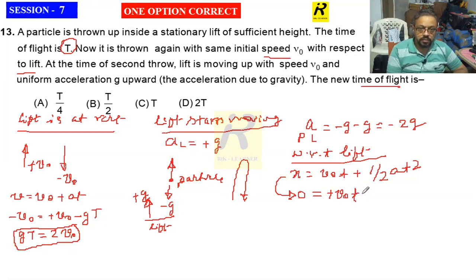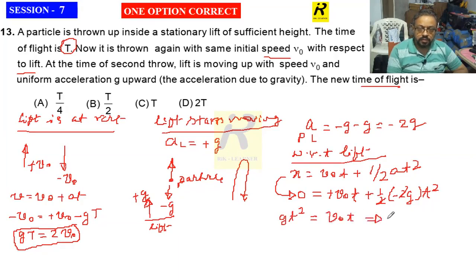So this t is what I have to find now. In the second situation, this is the time I want. And now plus half into, with respect to the lift, the acceleration of the particle will be minus 2g into t square. So now on solving this one, 2 get cancelled. That means minus g t square plus this much is equal to 0. This can be written as g t square equals V0 into t.